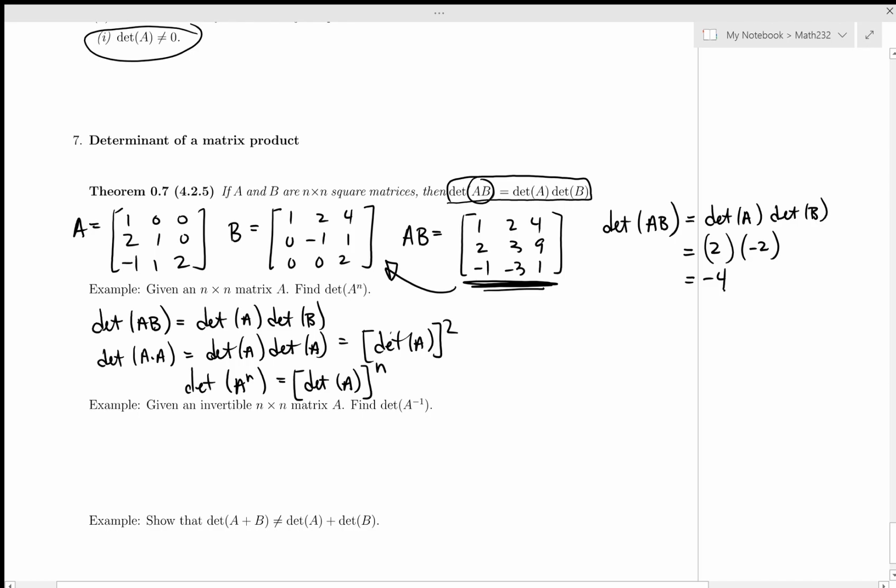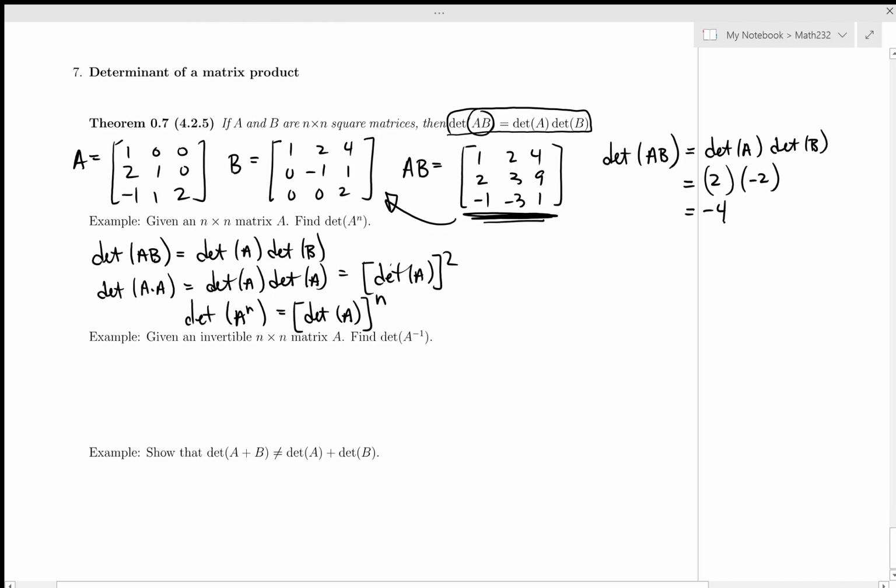Okay, similarly, we can establish a relationship between a matrix determinant and the determinant of its inverse. So let us take a look at how we could easily come up with that. Let us consider the determinant of A times A inverse, that is the determinant of I, which we know is 1.